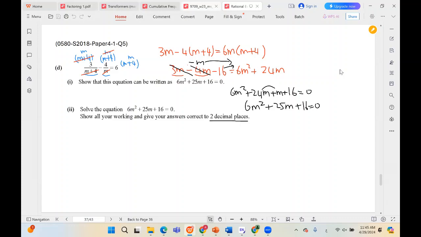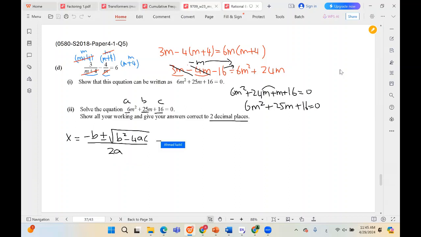The idea is that we just assume that the number next to x squared or m squared is a, the number next to m is b, and the third number is c. And then we just apply a certain formula that says x equals negative b plus or minus root of b squared minus 4ac over 2a.